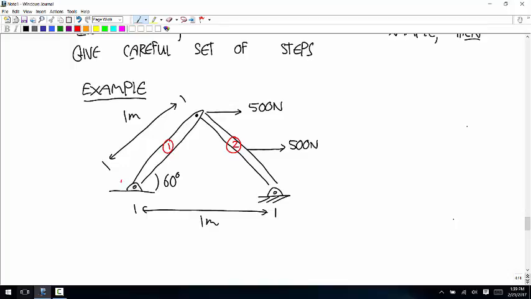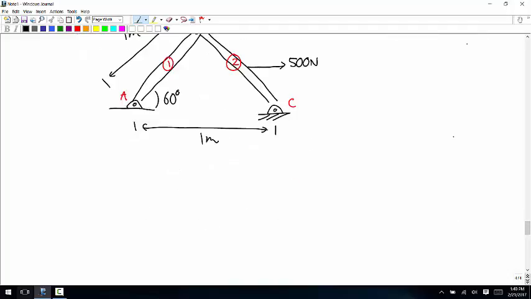And then these pins, I'll call this one A, B, C. And I'm going to isolate each member and come up with Newton's second law and the rotational equation for each.